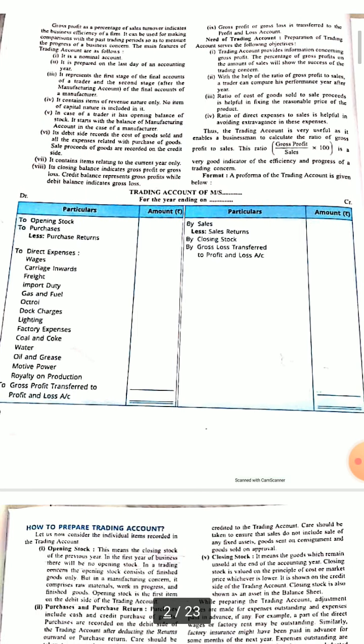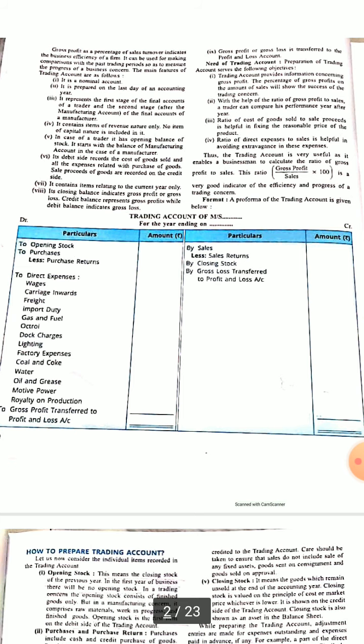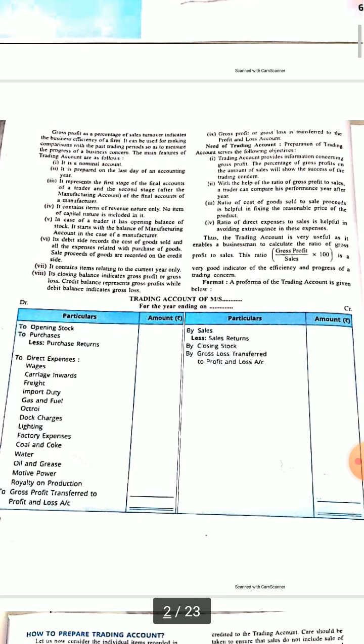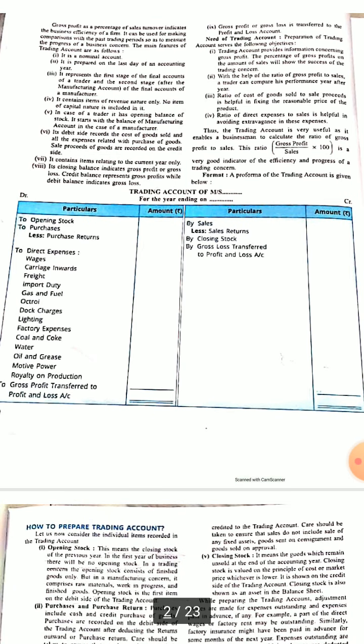Now you can see the format of the trading account. At first, to opening stock is written, then to purchases, then purchases returns, if there are any, are subtracted from purchases. Again, direct expenses are written on the debit side: wages, carriage inwards, freight, import duty, gas and fuel, octroi, dock charges.